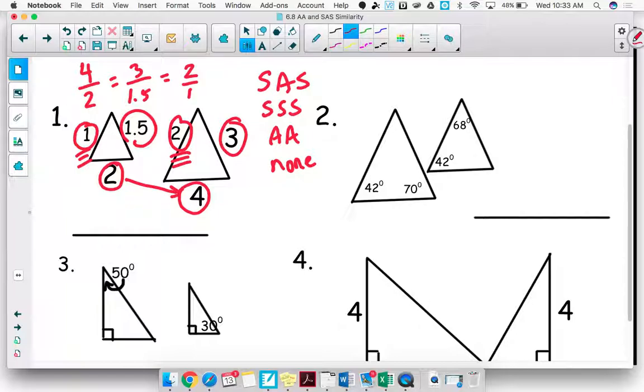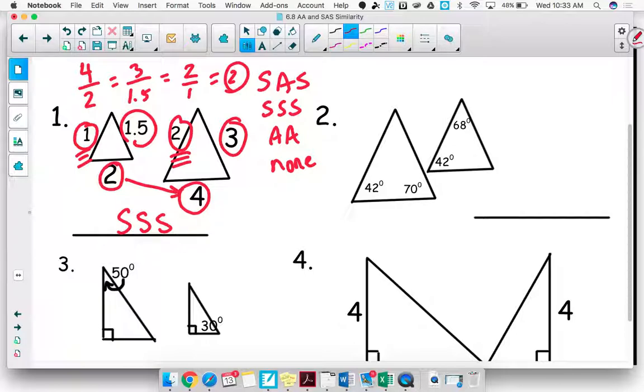If I divide each of those fractions, I get the same answer of 2. That means these are proportional, similar by side, side, side. And that's because every side on the left triangle was multiplied by 2. And it just has to be the same number. It doesn't have to be 2. Okay? Let's check out the other one.